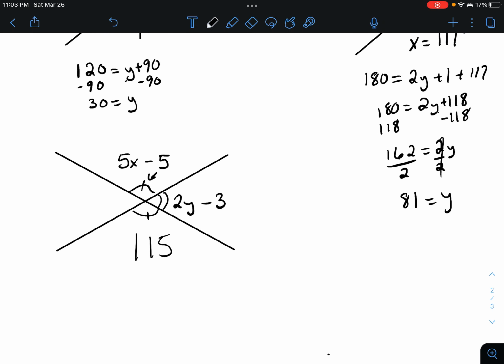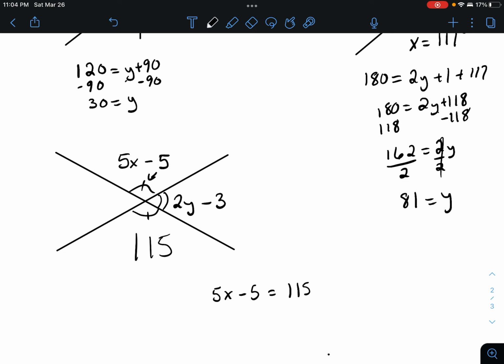All right, last one. Go ahead and see if you can solve on your own, and then we'll go over it. Right off, we can see these are two intersecting lines. Therefore, this 115 is a vertical angle to 5x minus 5, which tells us that 5x minus 5 is equal to 115.